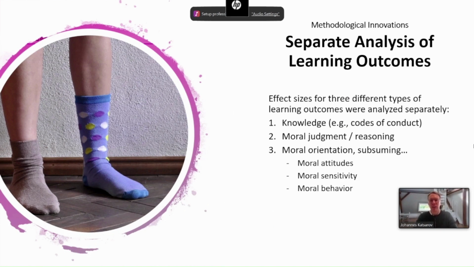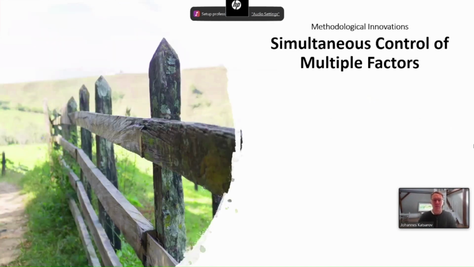That was what we called moral orientation. That's a summary of moral attitudes, sensitivity, and behaviors. But we only analyzed these with moderator analyses and otherwise used this to test the hypothesis whether it's actually true that different learning outcomes necessitate different kinds of interventions.